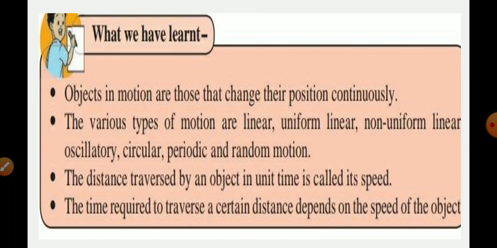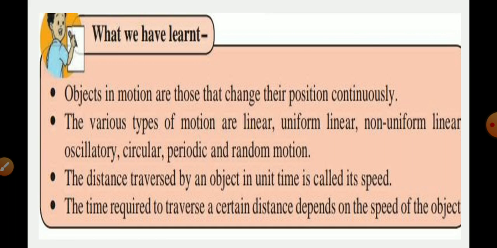What have we learnt in this lesson? Objects in motion are those that change their position continuously. The various types of motion are linear, uniform linear, non-uniform linear, oscillatory, circular, periodic, and random motion.